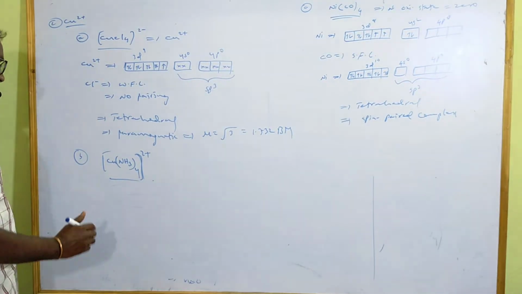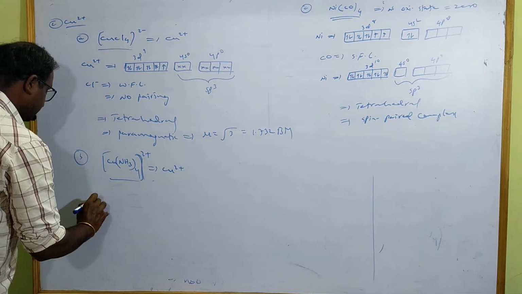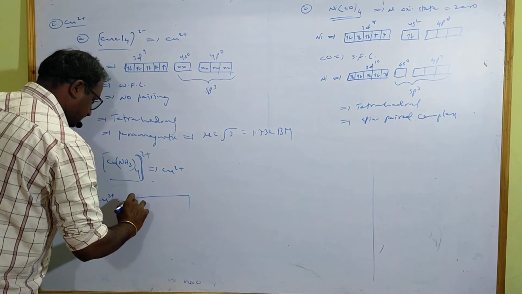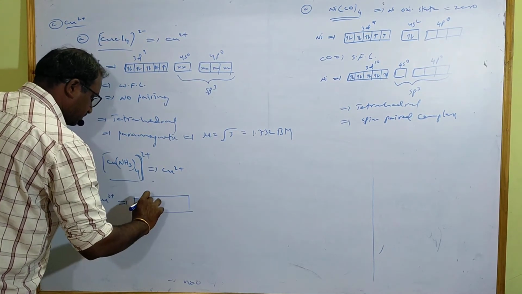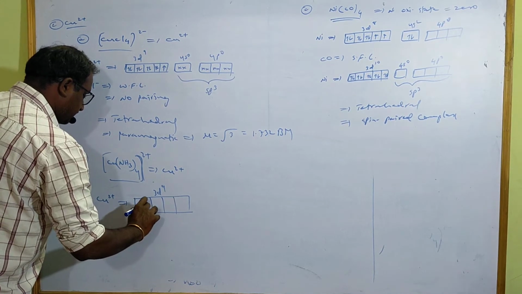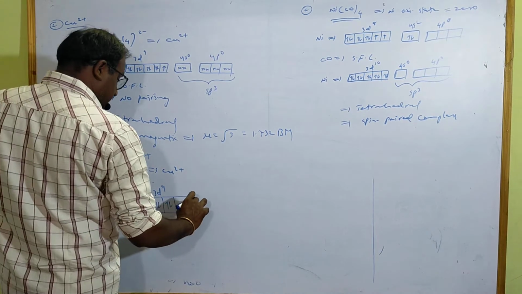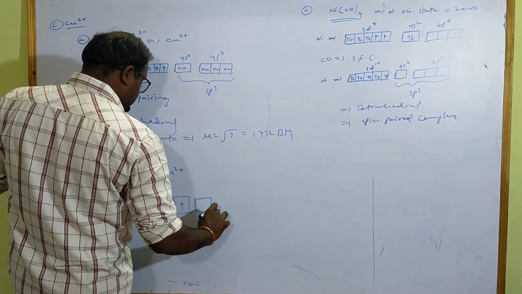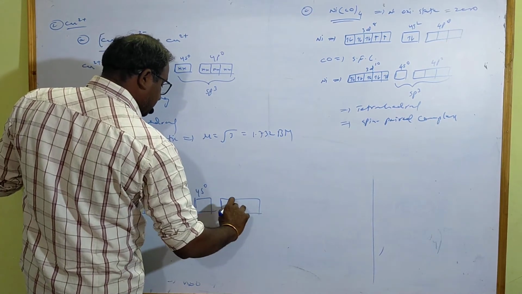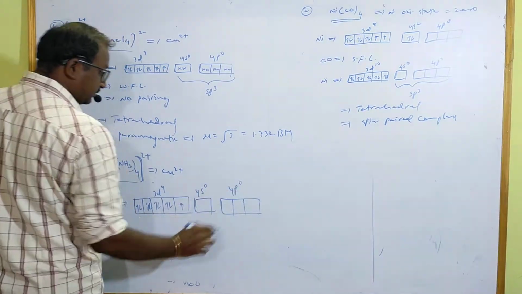So here also copper oxidation state is +2, same Cu2+ configuration, 3d9, as 4 pairs and 1 unpaired electron, and empty orbitals 4s0 and 4p0.